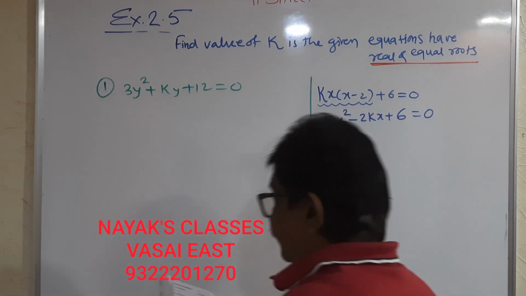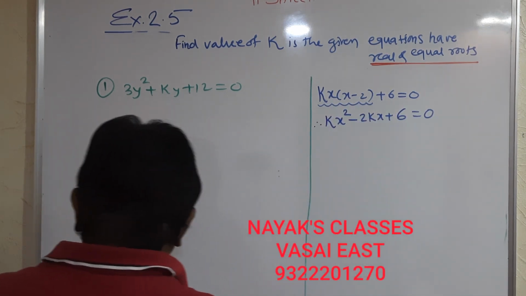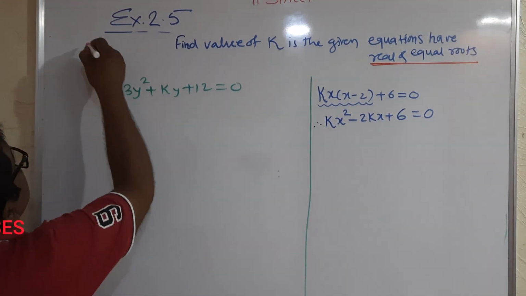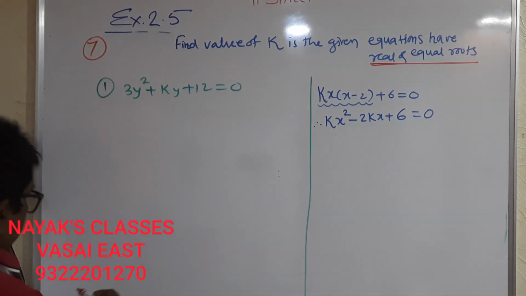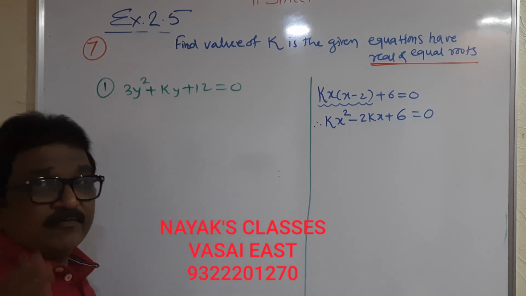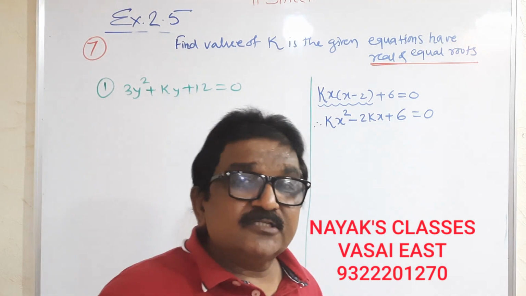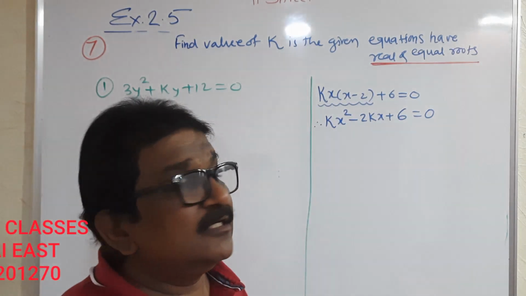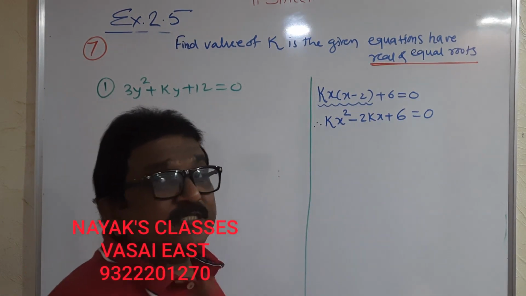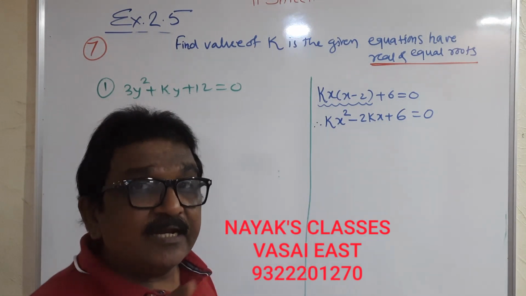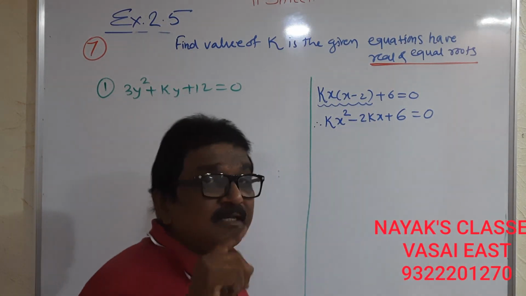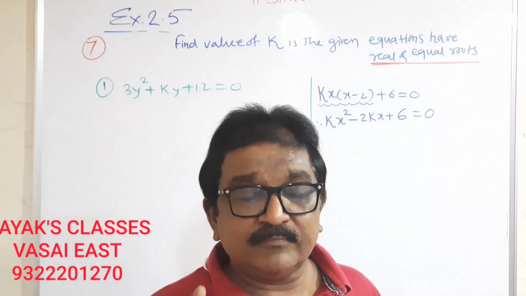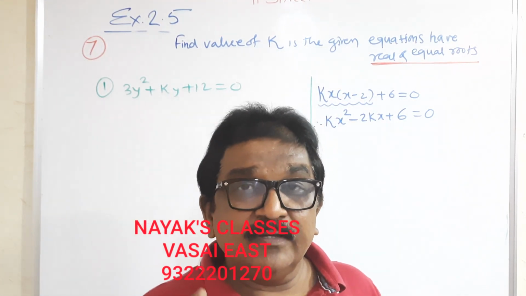The last example of exercise 2.5 is the seventh one. What have they given? They have given the equation and one unknown k, and they have used the condition that the equation has roots real and equal.